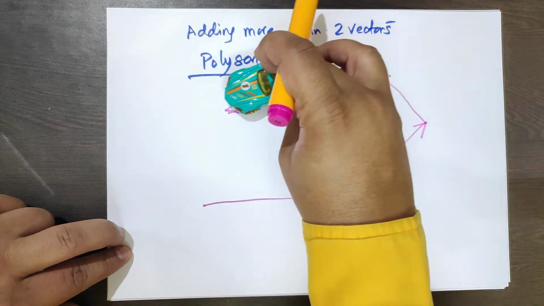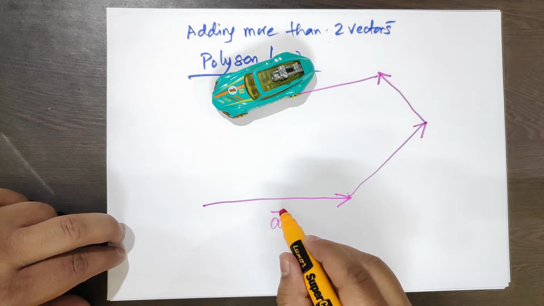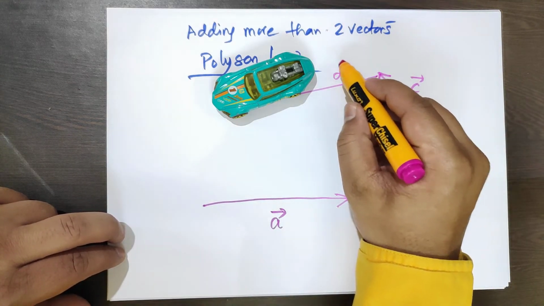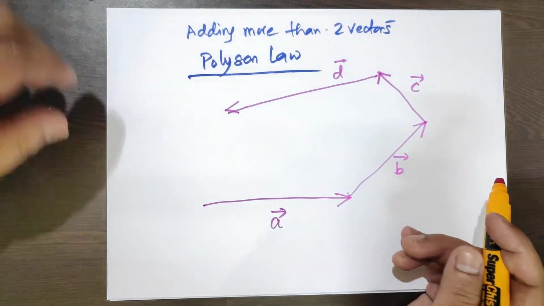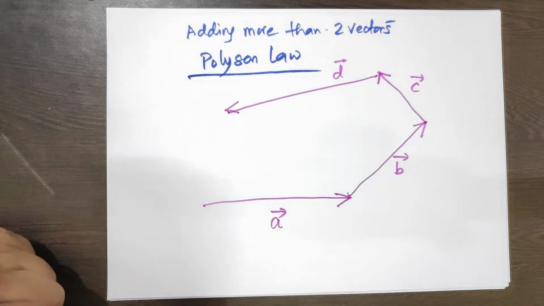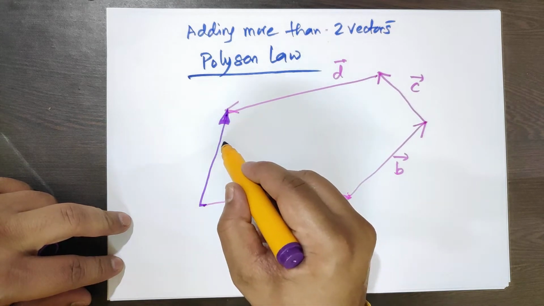So there are four displacements of the car here, say vector a, vector b, vector c and vector d. So what is the resultant displacement of the car? It's from here to here. So this is the resultant vector, this r.